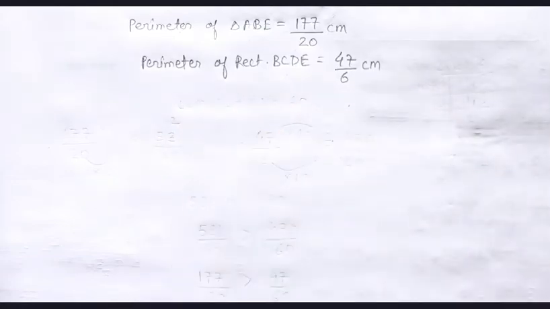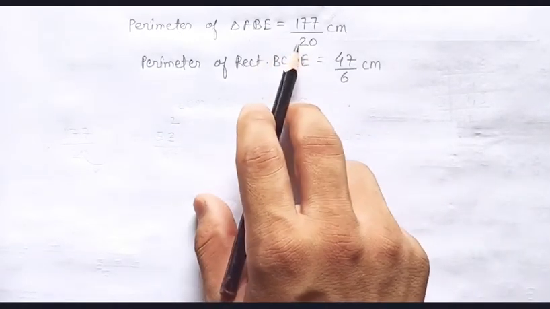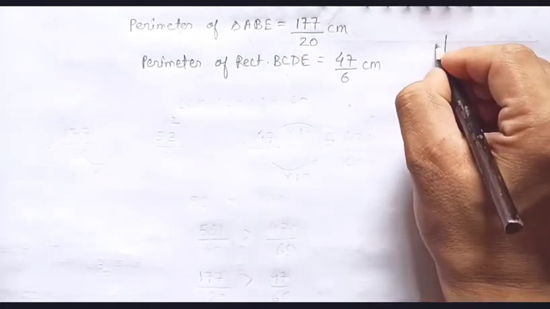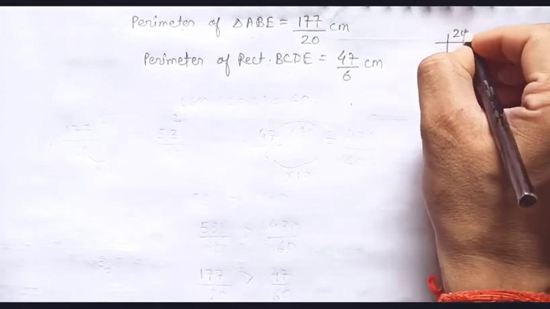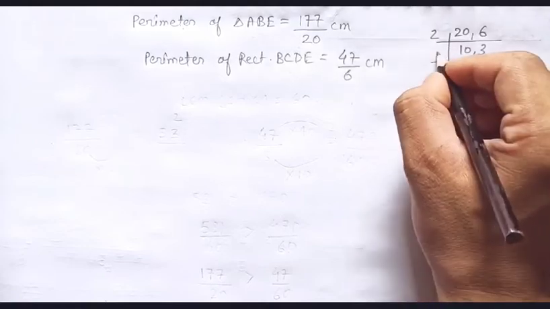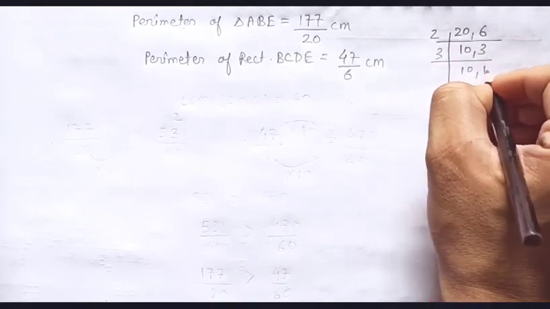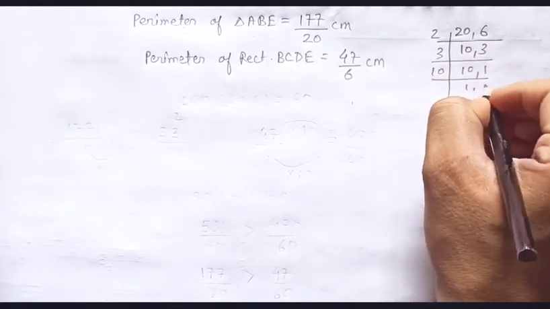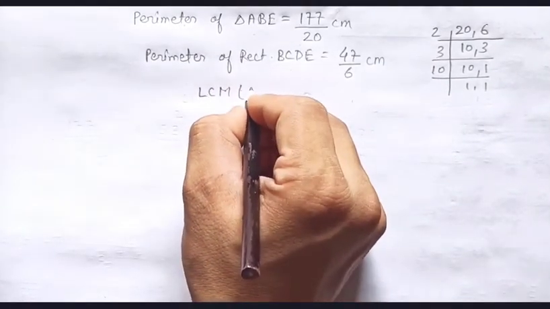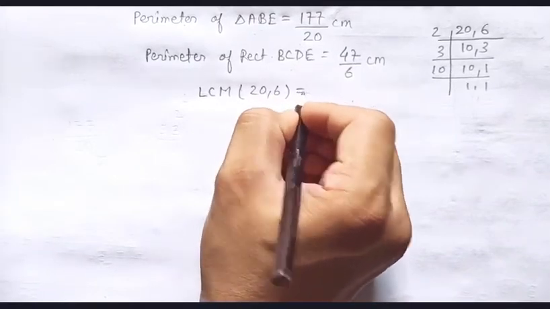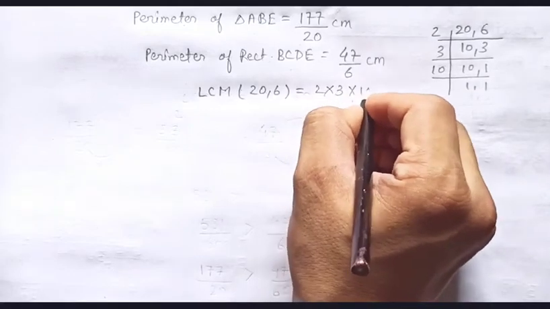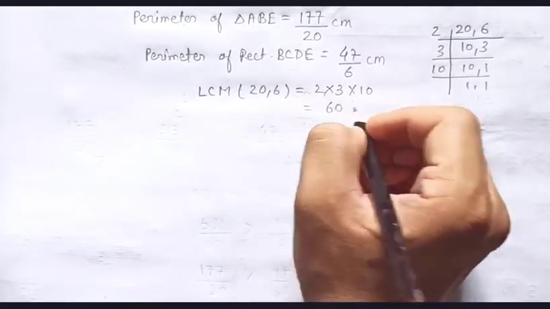So first let us find the LCM of the denominators, that is 20 and 6. So here 20 and 6, 2, 10, 3, 3, 10, 1, and this 10, 1, 1. So LCM of 20 and 6 is equal to 2 into 3 into 10, which comes out to be 60.